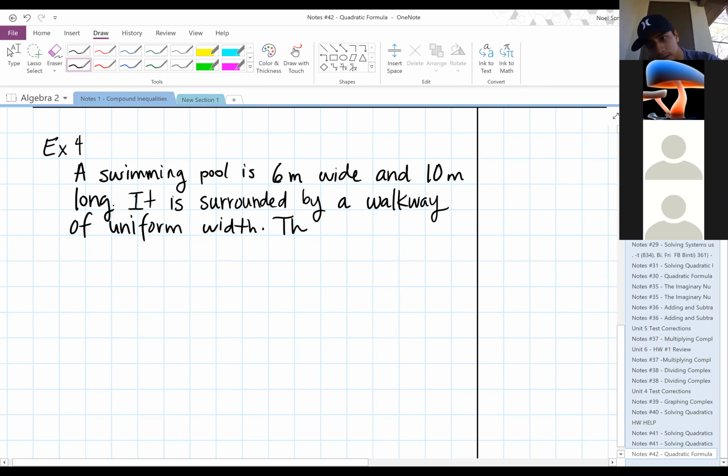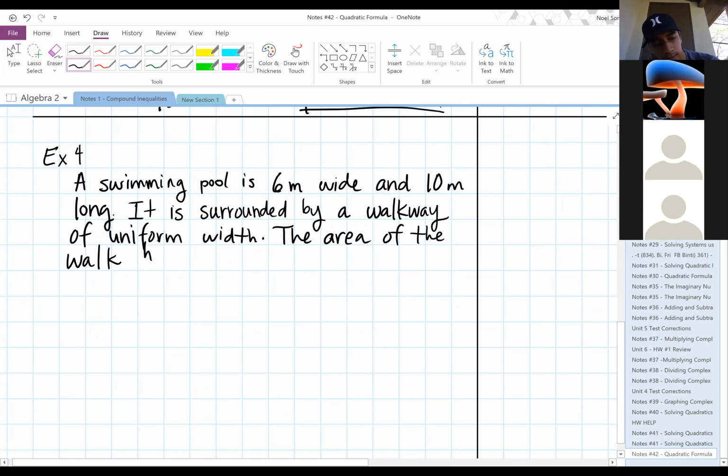Okay. The area of the walk happens to equal the area of the pool.